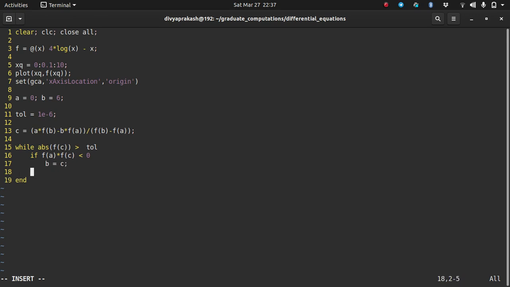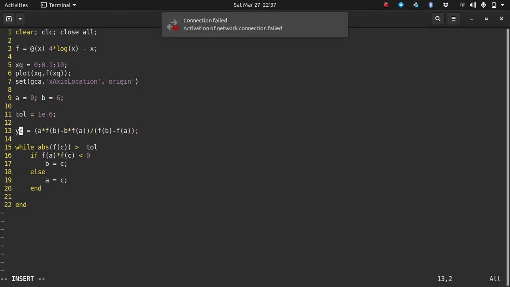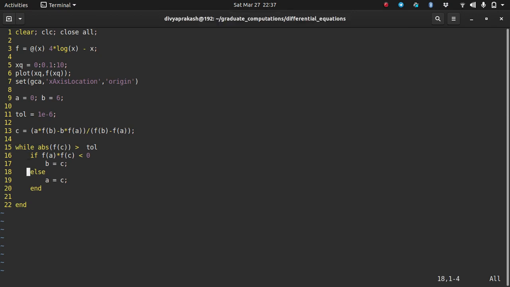If it is not, then a equals c. This is similar to what we did in the previous code. And we calculate c again at the end of the checking.